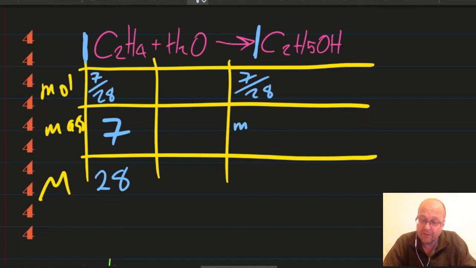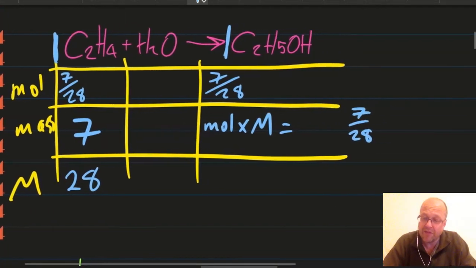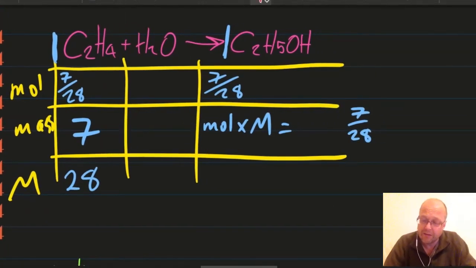So mass is moles times molar mass. I know the moles, it's 7 over 28. And the molar mass of ethanol, well, let's work that out. Got 12 and 12 and 6 for the hydrogens and 16. 46. So that's 46.